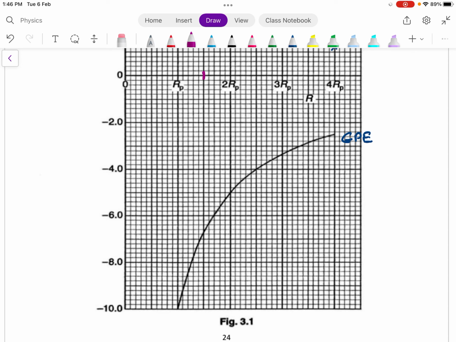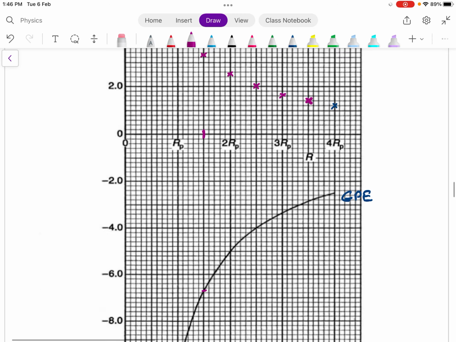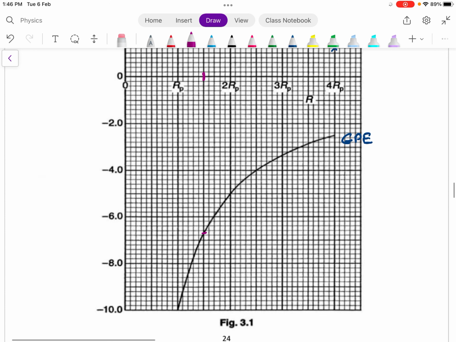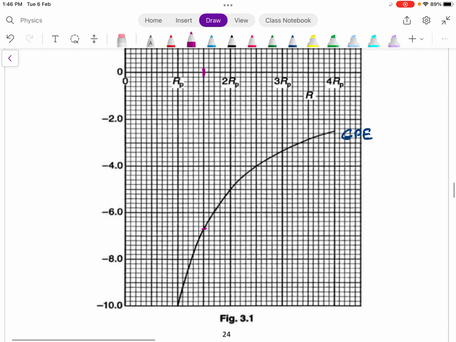My GPE is roughly about -6.7. Since I know the ratio is about 2 times, that means my KE is about 3.3. So I just need to plot. This is the first plot. Then second plot, I put at 2R, and my GPE is about -5.